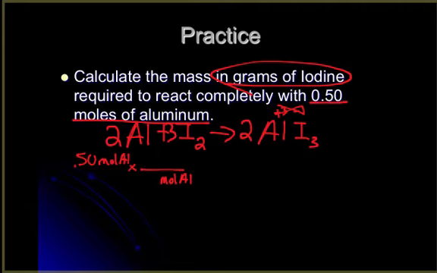Now, I need to get to grams of iodine. I have moles of aluminum. Remember the mole ratio. I can go from moles of aluminum to moles of iodine. Remember, those are the coefficients of the balanced chemical equation. And now I go one last step to get it to grams.